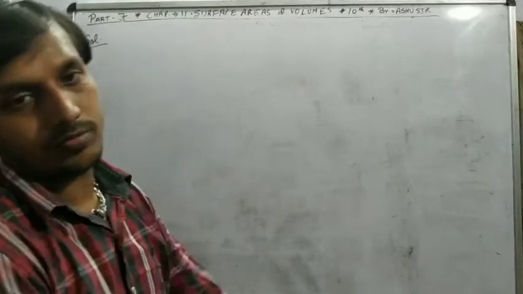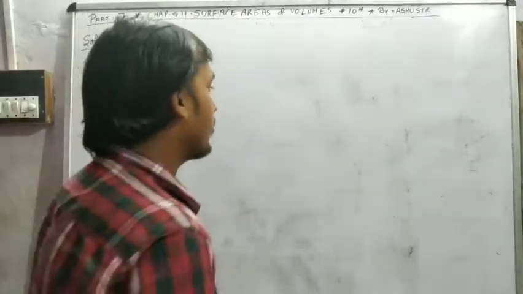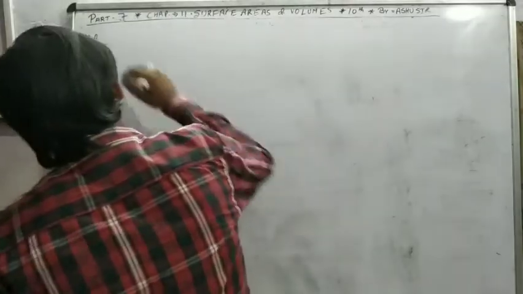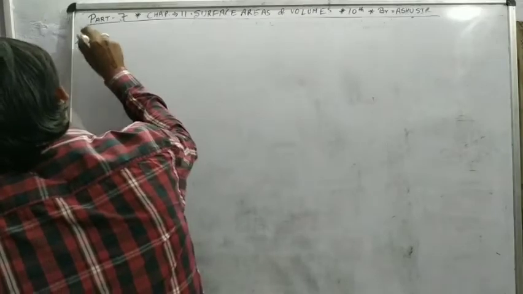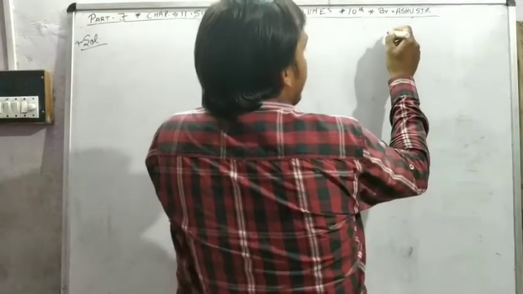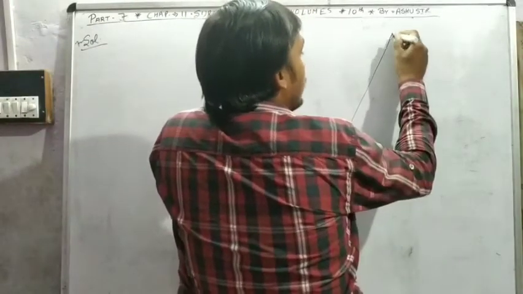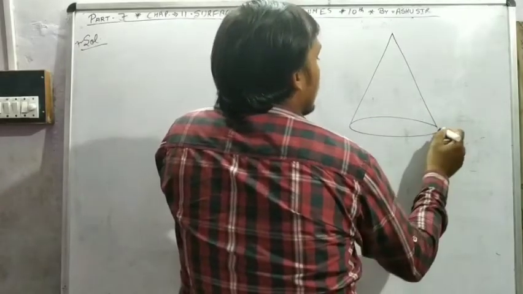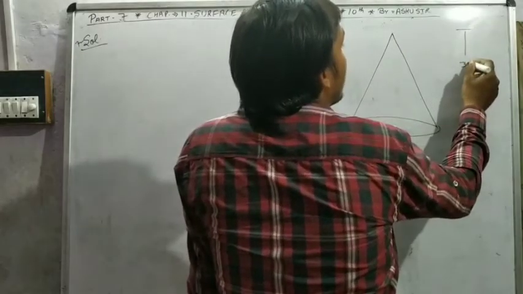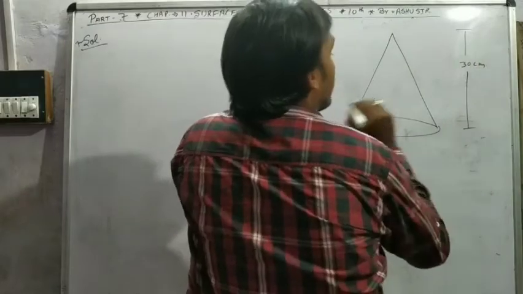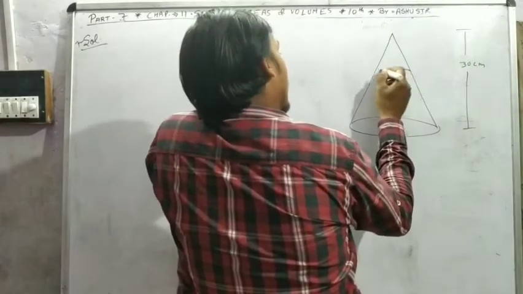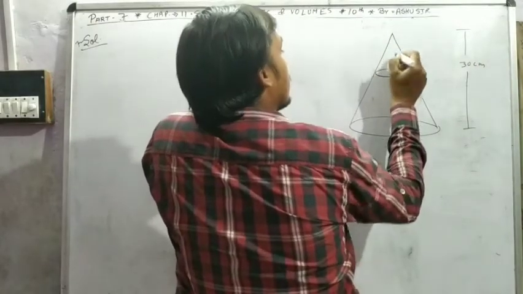If you have not forgotten, the same question is in class 9th. What's the question? A big cone of height 30 cm is cut by a plane parallel to the base.